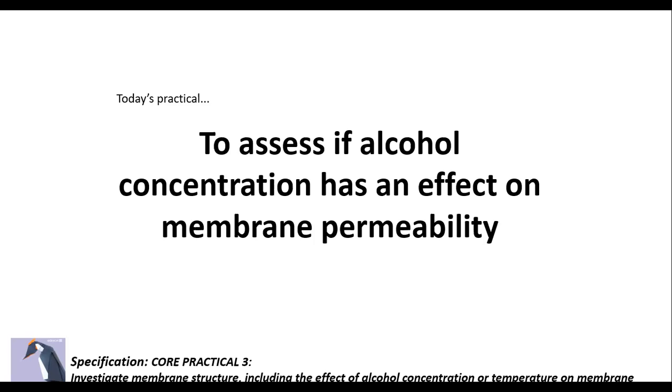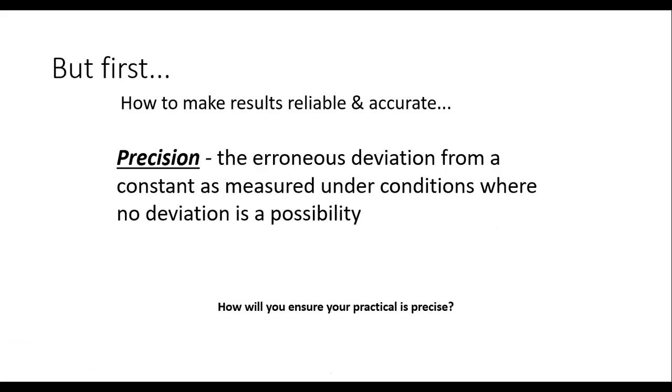And there's a couple of different techniques that we need to be able to talk about and use as well. So a massive thing, and you'll have seen this at GCSE as well, is how to make our results reliable and accurate. You can get asked to write methods in the exam, and you can get asked to show that it would be precise, reliable, accurate.